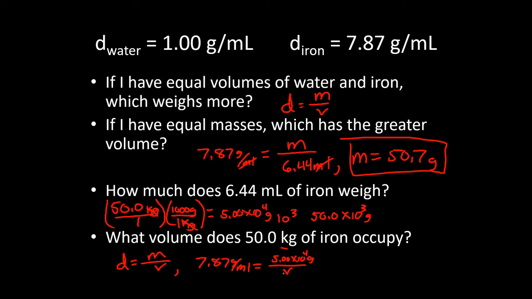To get the volume by itself, we're not going to divide both sides by the mass. That would get the volume by itself, but it wouldn't be the volume. It would be 1 over the volume, since the volume is in the denominator here. So what we actually are going to do is multiply both sides by the volume divided by the density.